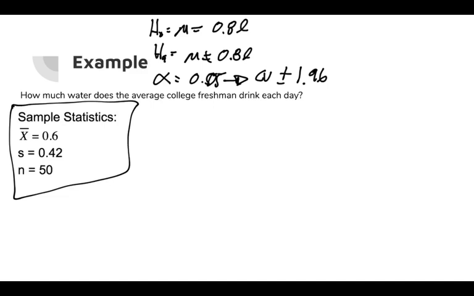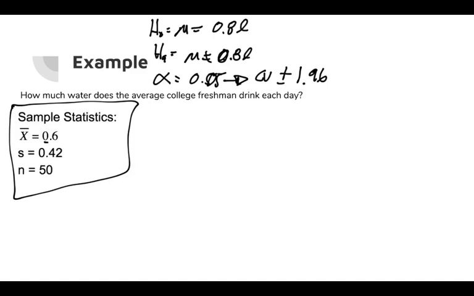Now you may look at this and say, hey, look, our sample had an average of 0.6, and that is not 0.8. So are we done? Can we say with surety that this all worked out?